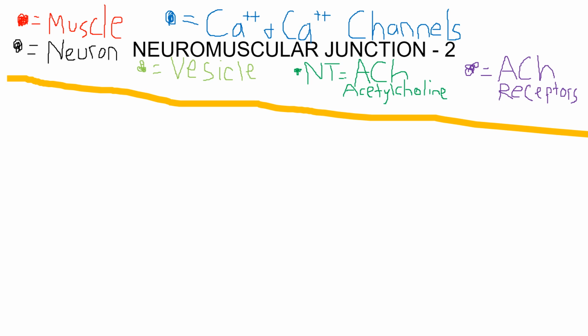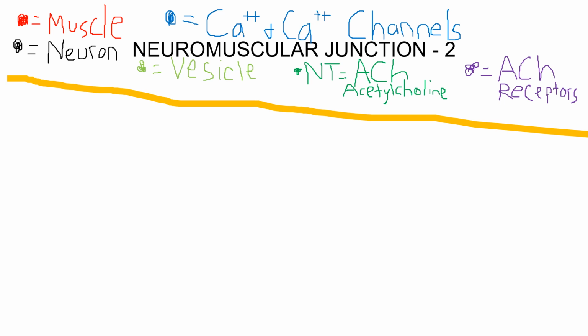It's just really hard to do this with a laptop mouse, but that's actually pretty good for me. I'm going to draw a bunch of these different colors, and these colors are going to represent the different structures above. Anything in red is going to be the muscle. In black is going to be the neuron or the nerve cell. We're going to have some calcium-related things in blue, and you can kind of just read the rest, and I'll introduce those as we're drawing them.